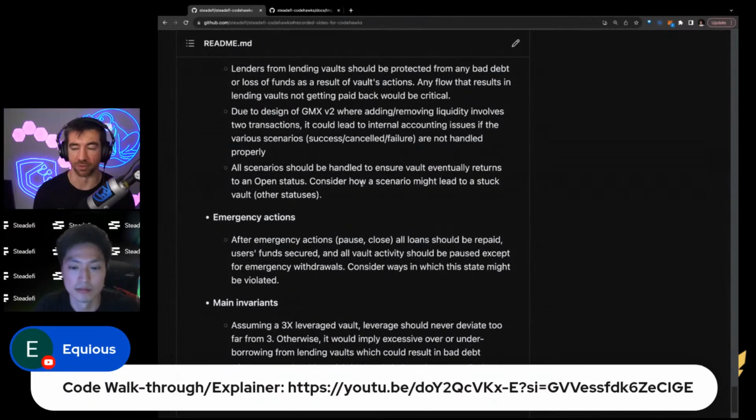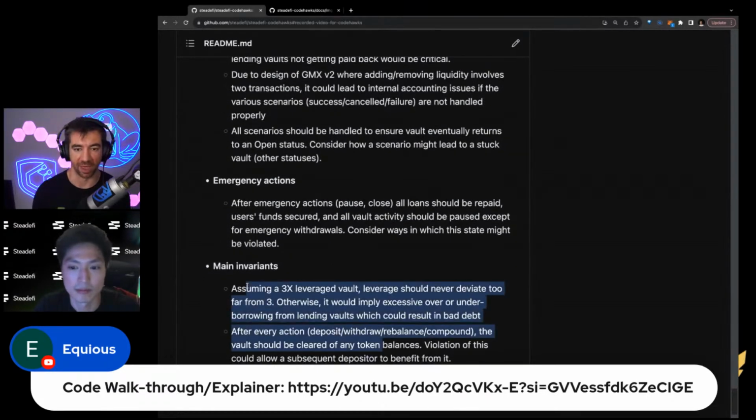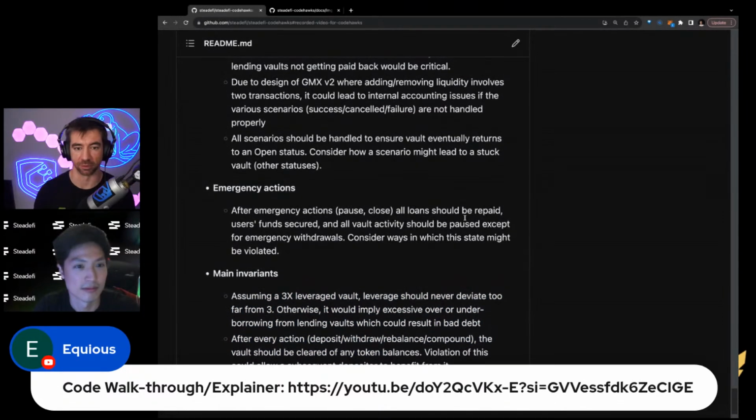All the test suite is written in Foundry. So those of you who have watched a lot of our invariant testing tutorials, this is a perfect opportunity to use the skills we learned there. How do we actually write these invariant tests? How do we make sure that this protocol keeps these invariants? This is a perfect way to start writing invariant testing handlers.